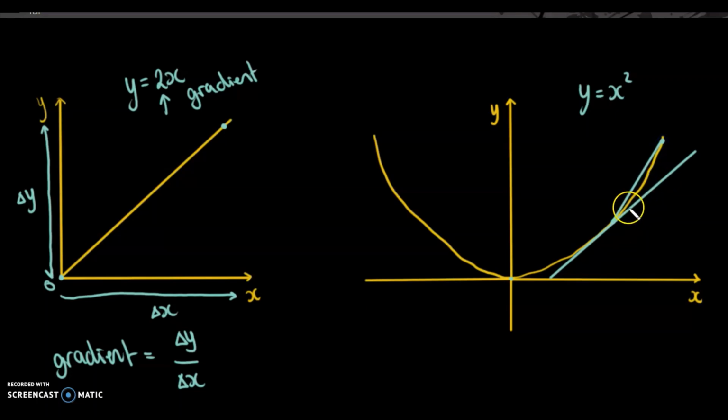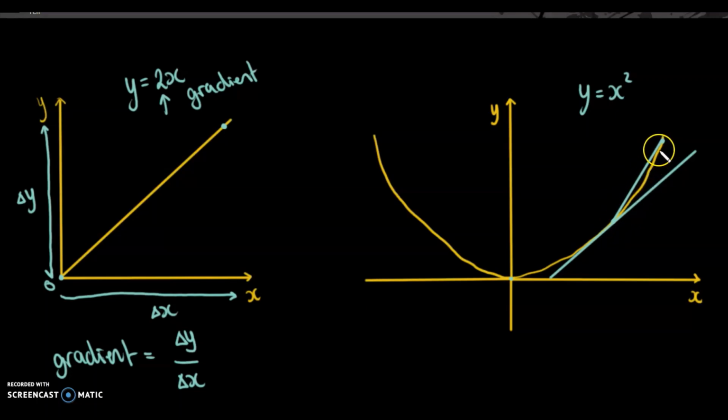Now we should be able to see that for this straight line, I can work out the gradient because I have 2 defined points on it. Every point on the y equals x squared function is defined. I should have probably done it in a different color, yellow, but so this straight line here, we have 2 points. We can work out its gradient.